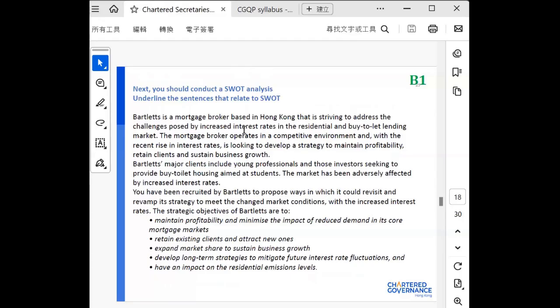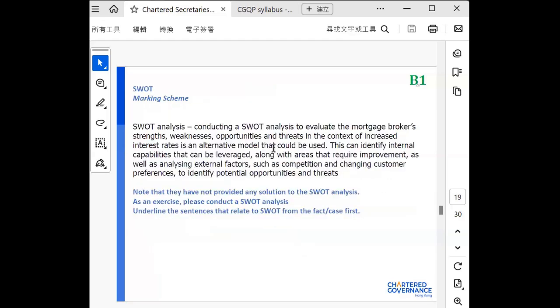Now, after we finish this, I'll look at the SWOT analysis. Again, we underline some of the facts relating to the SWOT analysis.